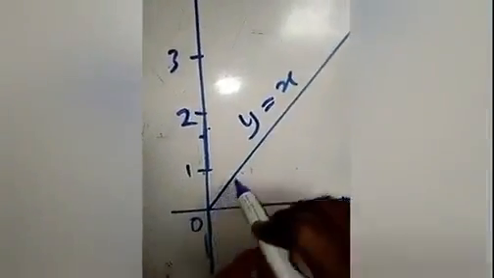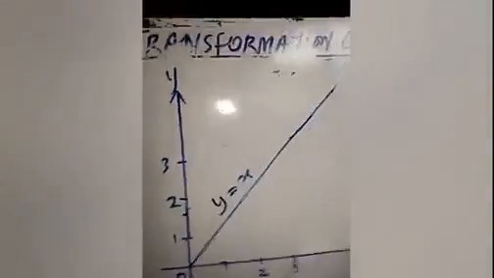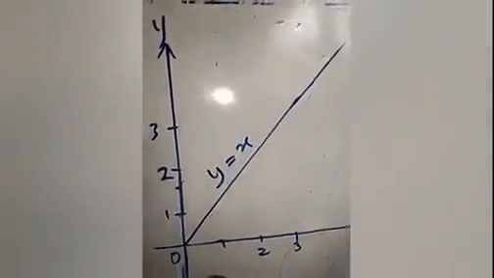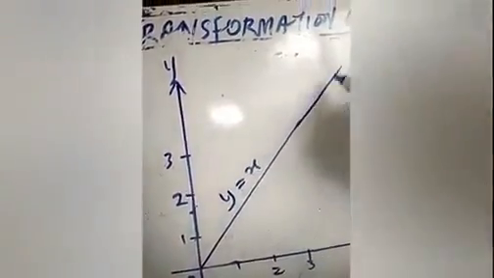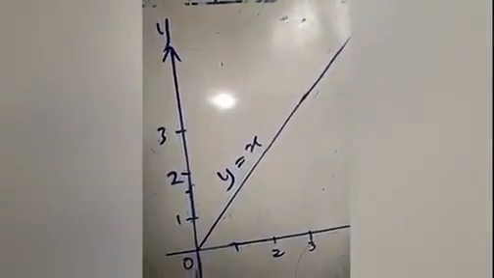That will give me a straight line running in diagonal form this way. So for a line running this way, how will I have my reflection if this line of y equals x is considered as my mirror surface?